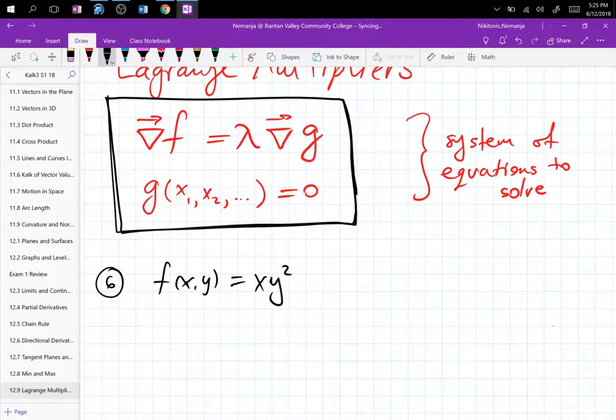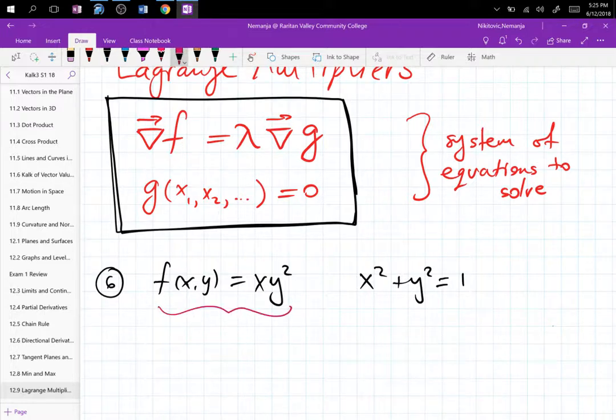All right, so this is our surface, guys. This is the hill, okay? And then I need the path, and that is going to be x squared plus y squared equals 1. So this is the unit circle. Let me give some names over here.